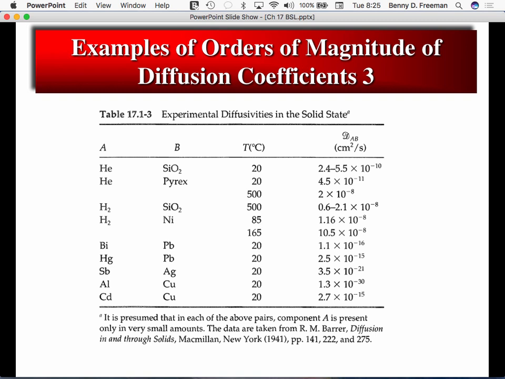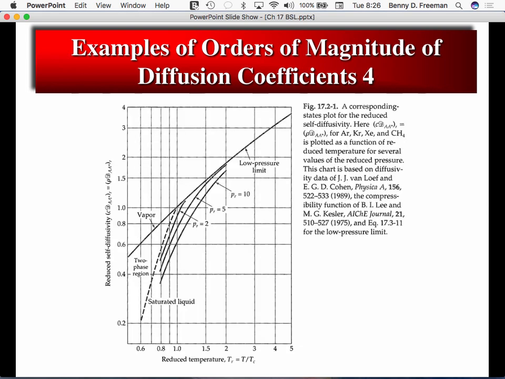So just literally over orders and orders and orders of magnitude. And so there's not a general rule of thumb for what the value of those diffusion coefficients might be. We'll talk a little bit about some of the molecular theories that are used to describe the diffusion coefficient.